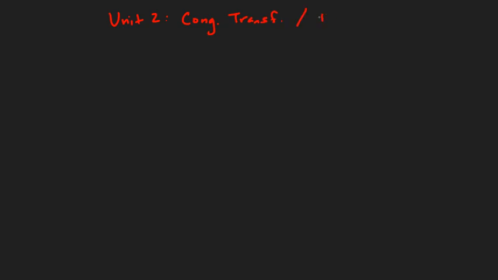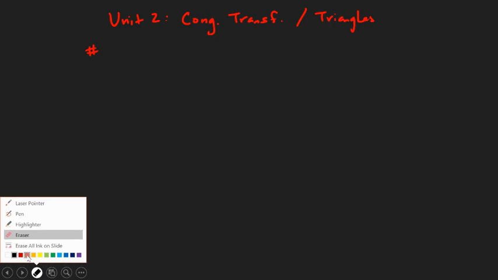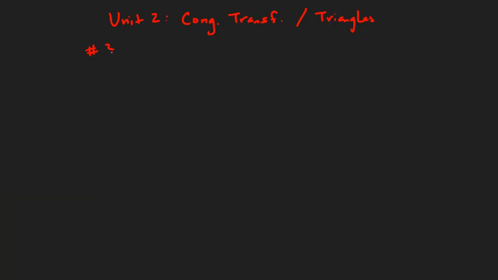We will get to triangles later. Number 3 here, we're going to focus on translations on the coordinate plane. Last video we did reflections, and in this video, number 3, we're doing translations on the coordinate plane.